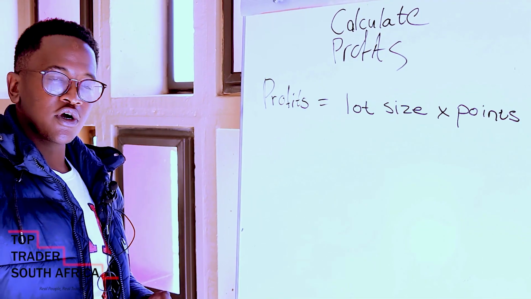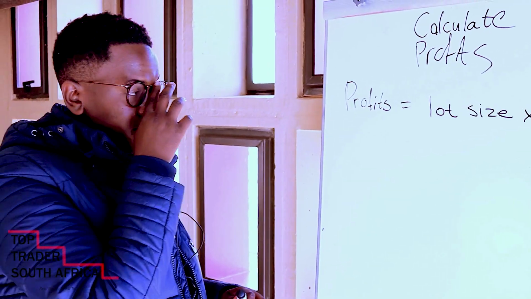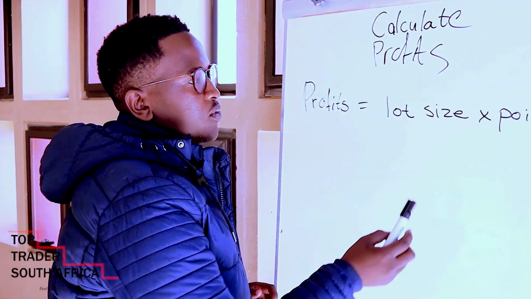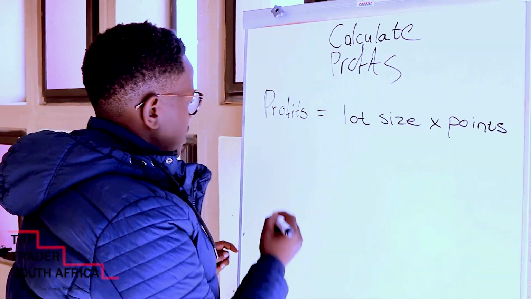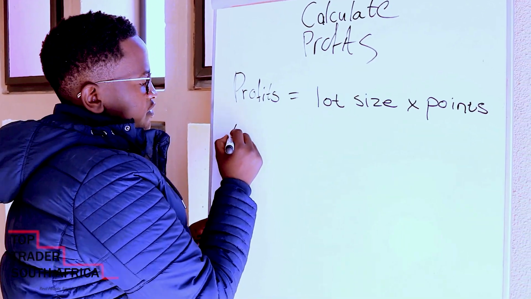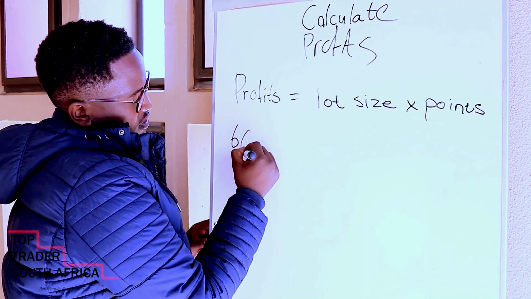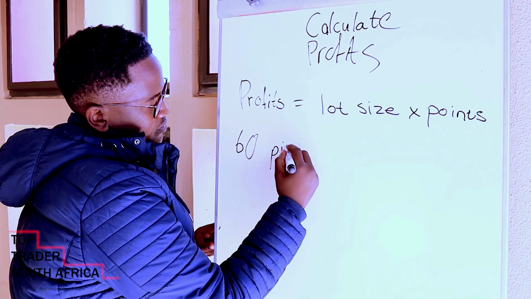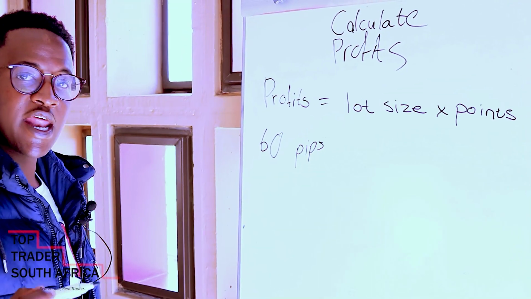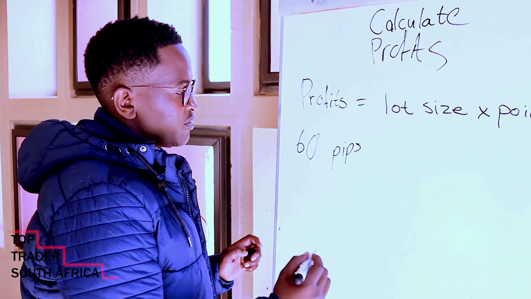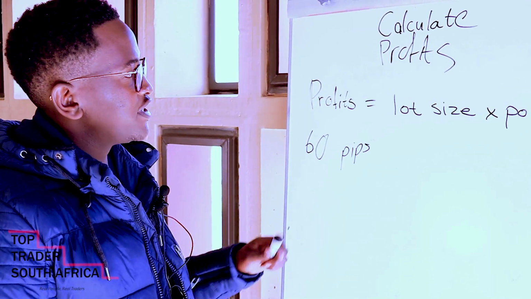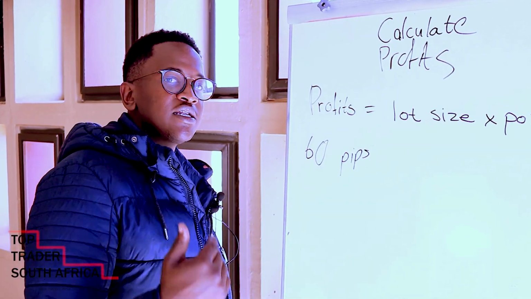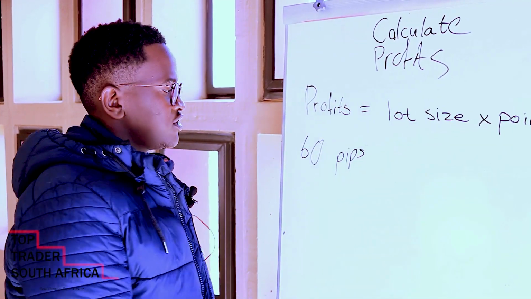Remember that I said we talk about market movement in pips, but when we actually get our profit, it is in points. So let's base this example on 60 pips. If I tell you that I had a trade that made 60 pips, then you'll be able to determine how much profit that could have meant depending on the lot size you chose.